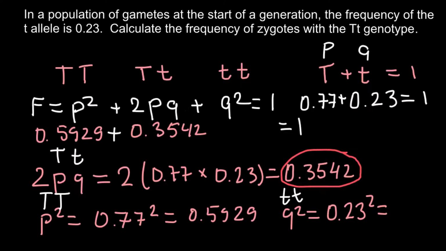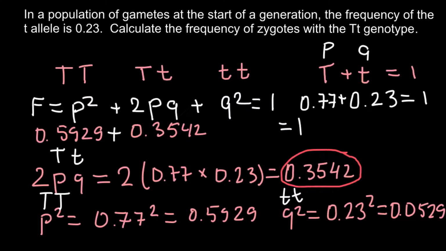We can square this number, or we can add the two other frequencies and subtract from 1. Or we can just square the frequency of the q or t allele. As you see, the frequency of this homozygous recessive genotype would equal 0.0529.